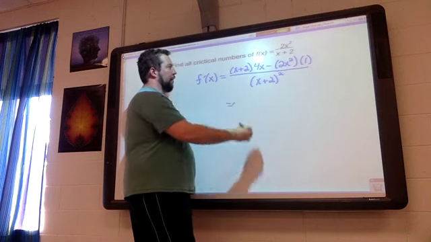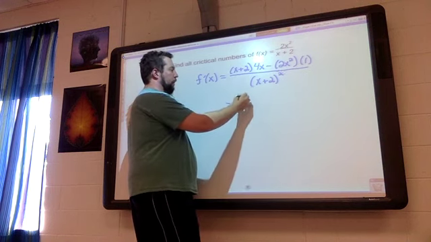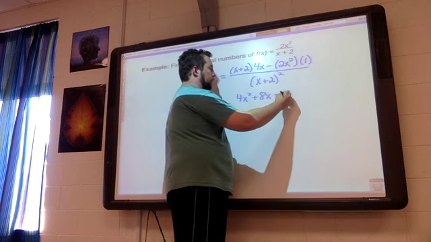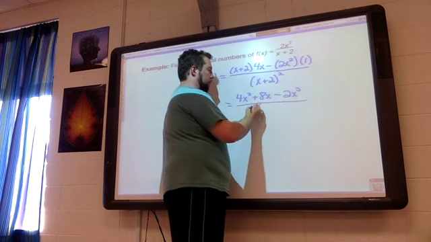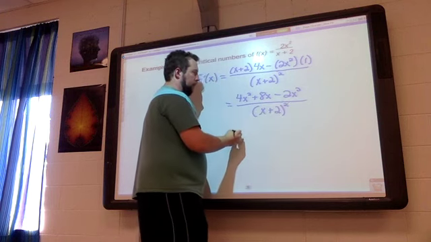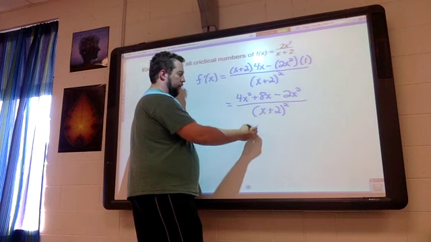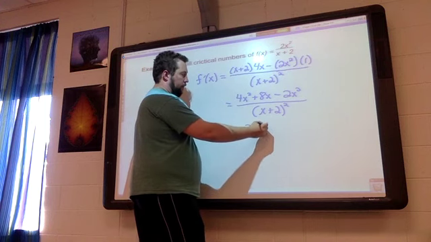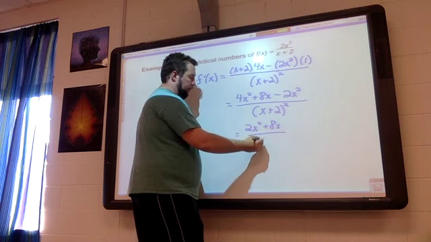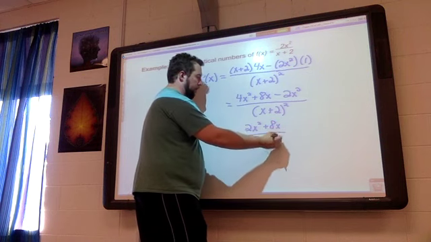We clean up the top a little bit. That would give us 4x squared plus 8x minus 2x squared. And we combine like terms on the top, and we get 2x squared plus 8x over x plus 2 squared.